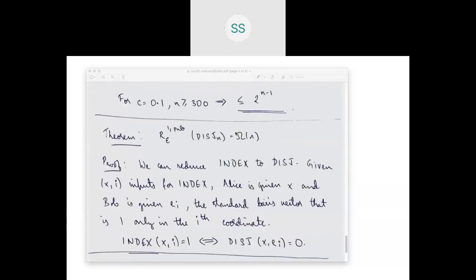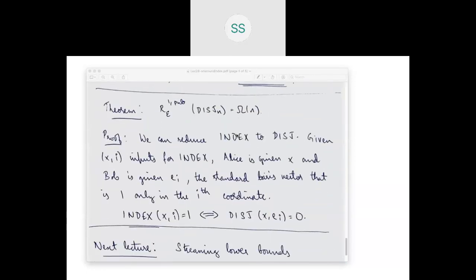We can reduce index to disjointness, which means index can be solved if disjointness can be solved. If disjointness has a sublinear protocol, index also has a sublinear protocol. Because we know index does not have a sublinear protocol, disjointness also cannot have one.